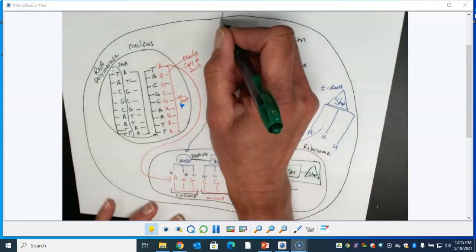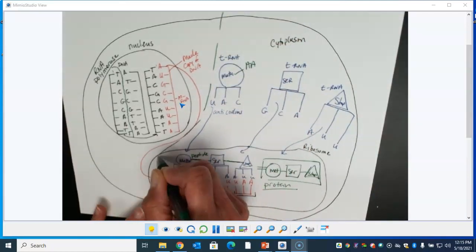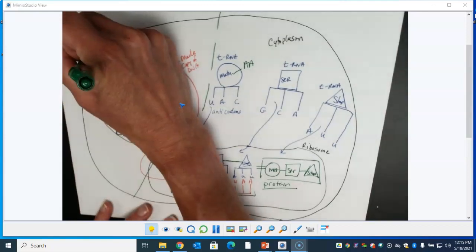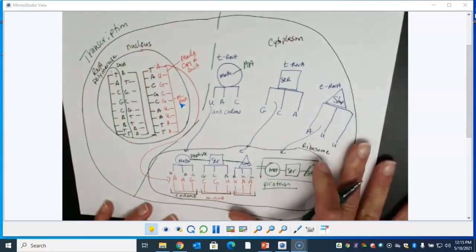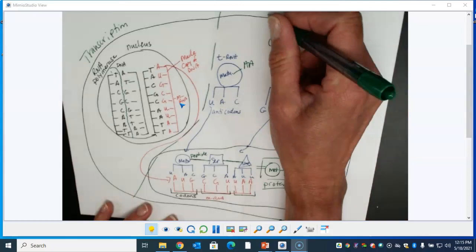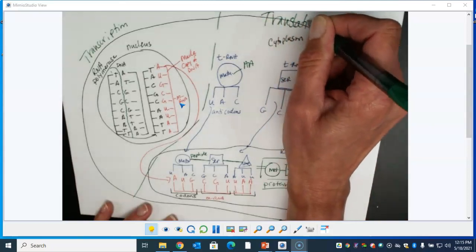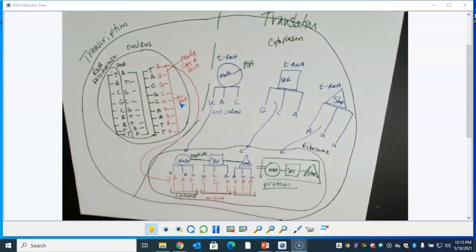So I'm going to split my paper down the middle, and I'm going to label this side transcription, and I'm going to label this side translation. Okay, so when it comes to figuring out what amino acids these anticodons carry, the ribosome reads these letters and it tells the transfer RNA what amino acid to bring in.